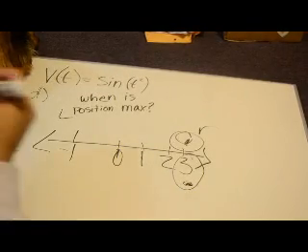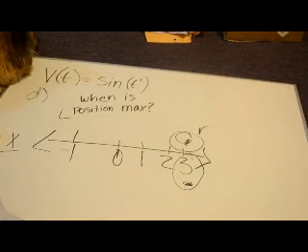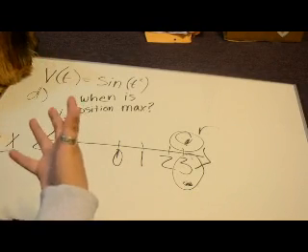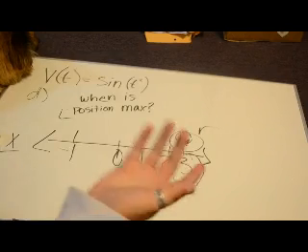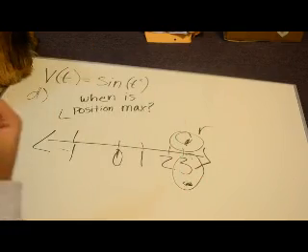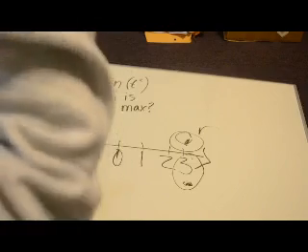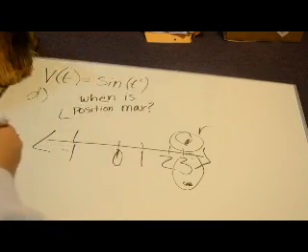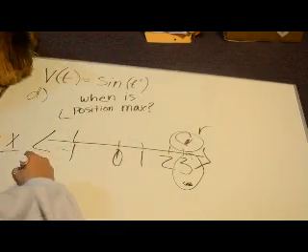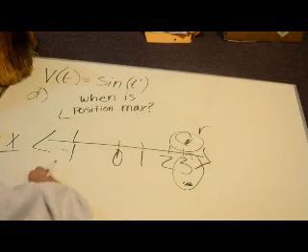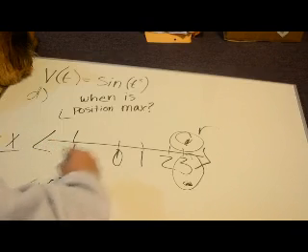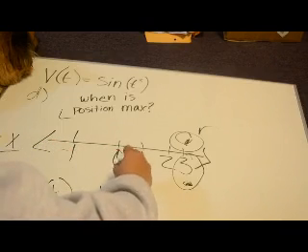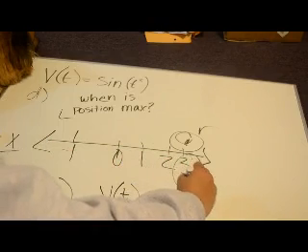Whenever you hear the word max or min, you always think derivative of the next highest thing. So it goes position, velocity, acceleration: x(t), v(t), a(t).